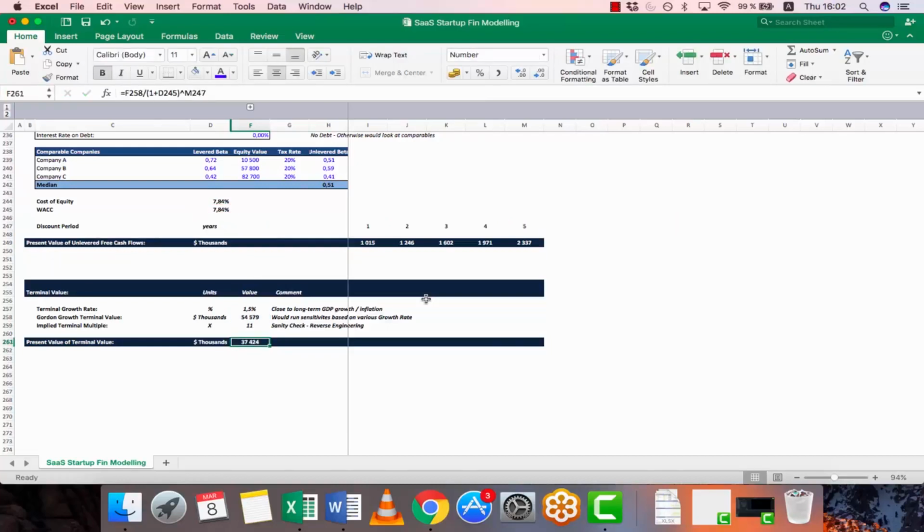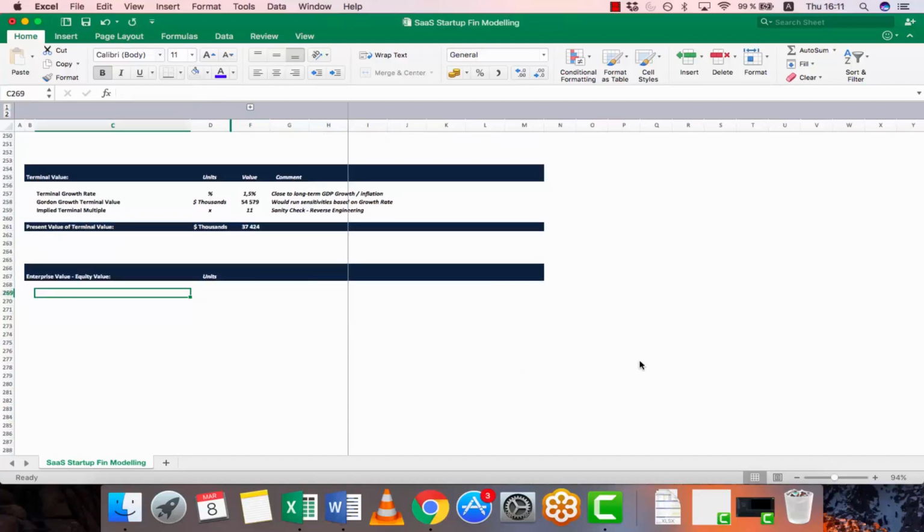Here it is. So next we will calculate the enterprise value and then move to the equity value of the company. Let's calculate the enterprise value and then we'll be able to figure out what the implied equity value is.